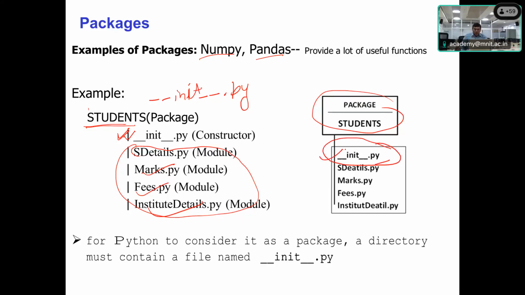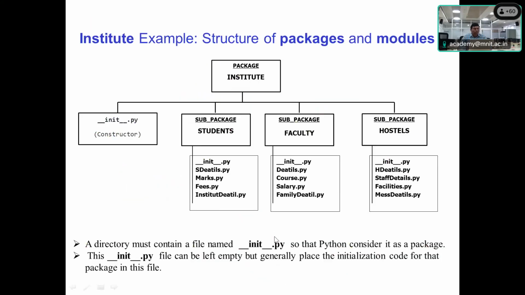This file will tell the Python interpreter that this folder is a package. For that purpose, it is required. So for Python to consider it a package, not a normal folder, the folder must consist of one file named init.py. Okay, so this is how you can create many packages.